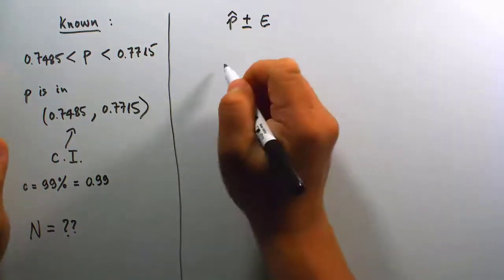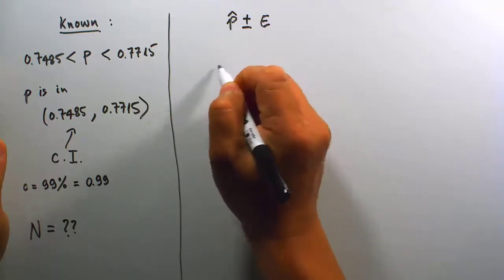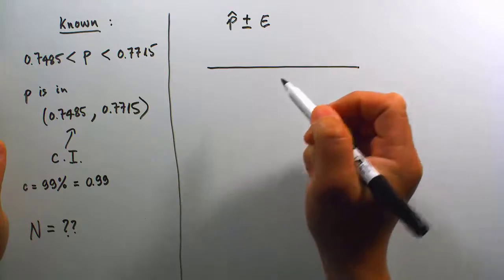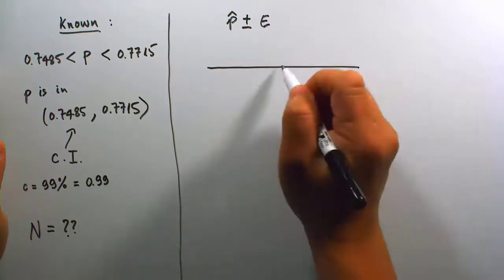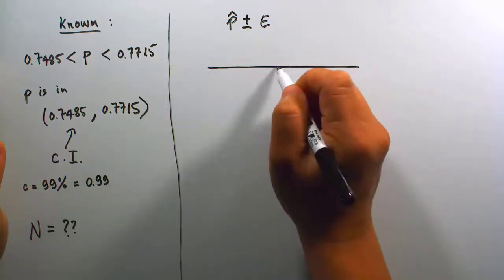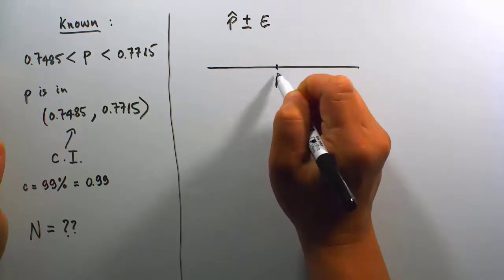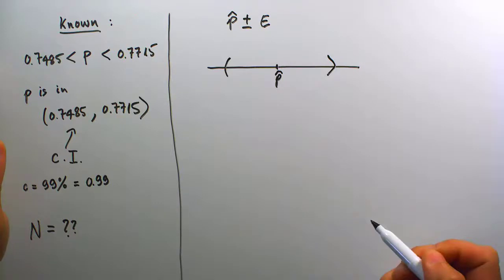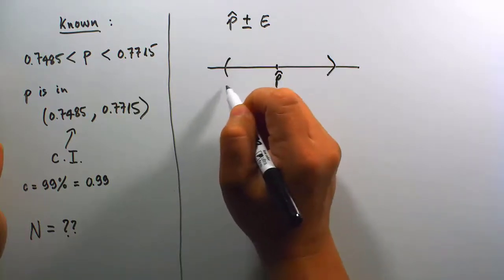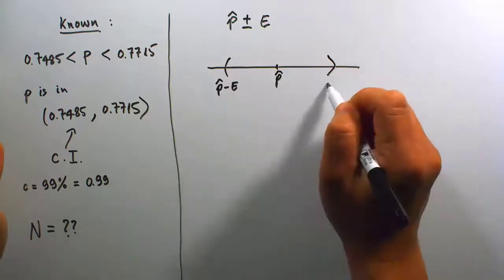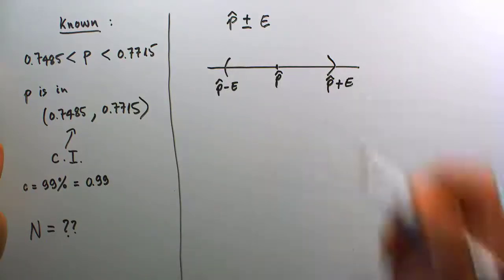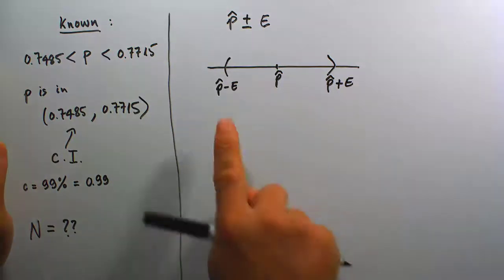I also made this illustration back in our earlier videos: p hat is exactly in the middle, the low end comes out from p hat minus the margin of error, and the high end comes out from p hat plus the margin of error. So that's how it has been.